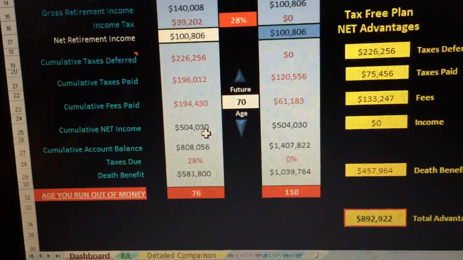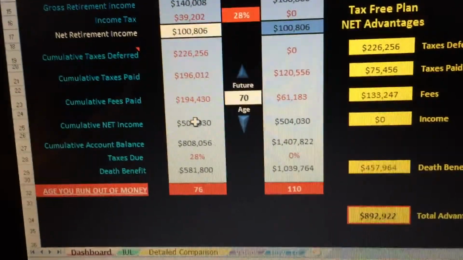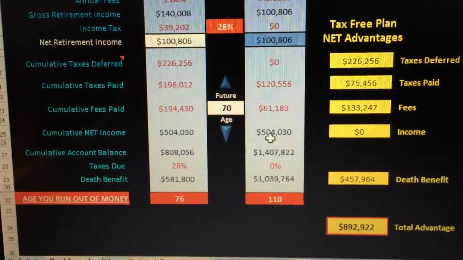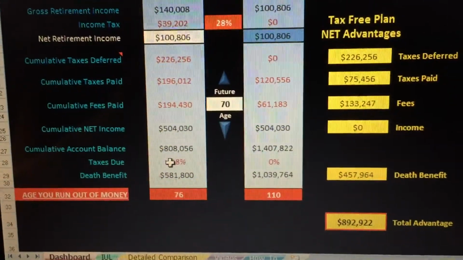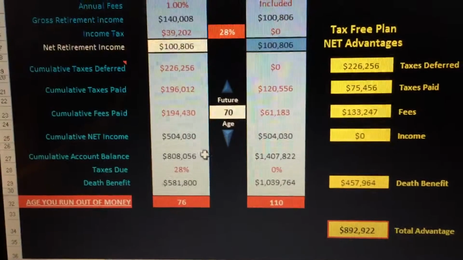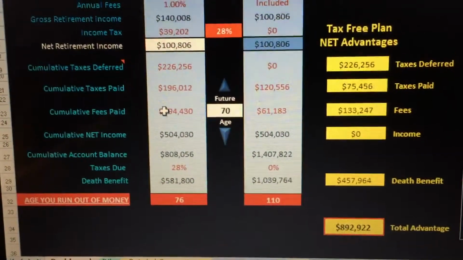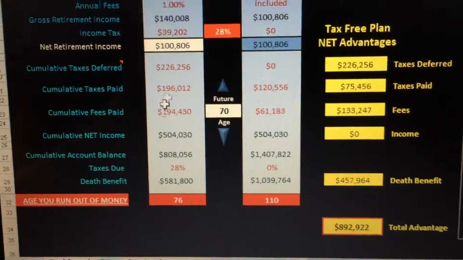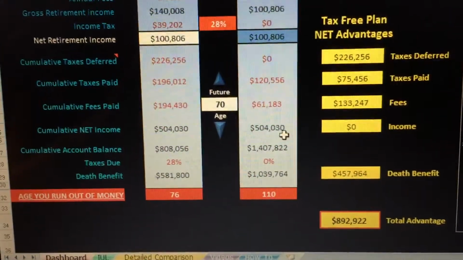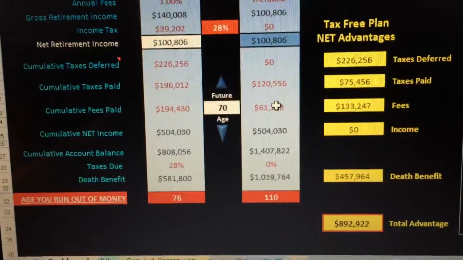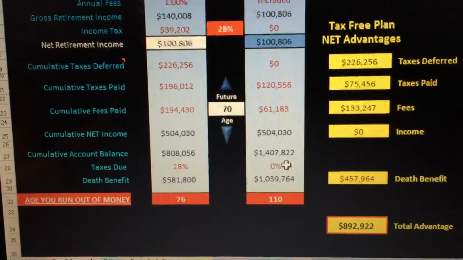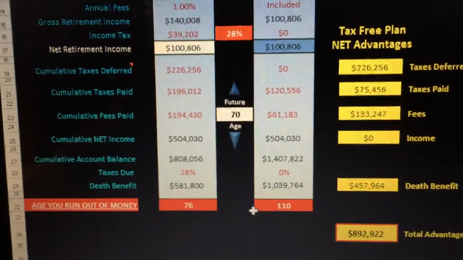The cumulative net income so far, we've withdrawn $504,000 from each account. Look at the balance, how quickly this is going down. Why? Because they are paying taxes now all of a sudden, and the fees. It's killing this person. Over here, our fees are astronomically lower, and look at our death benefit.